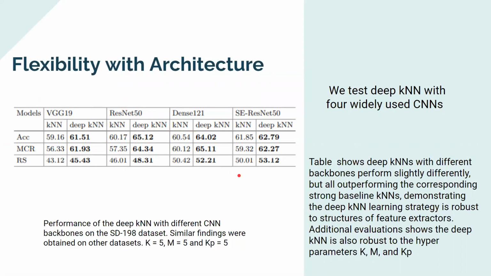Deep kNN with different backbones performs slightly differently, but all outperform the corresponding strong basic kNN, demonstrating that the deep kNN learning strategy is robust to the structure of feature extractors. Additional evaluation shows that deep kNN is also robust to the hyperparameter k, and the number of same class and different class test images. And this is all about deep kNN.